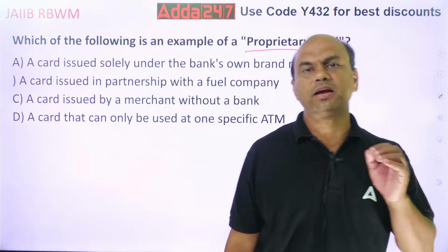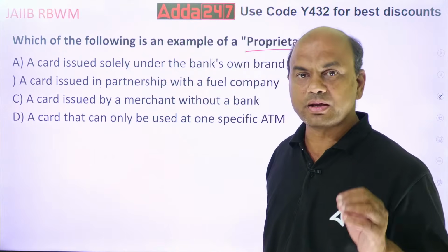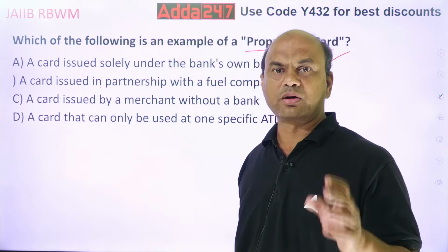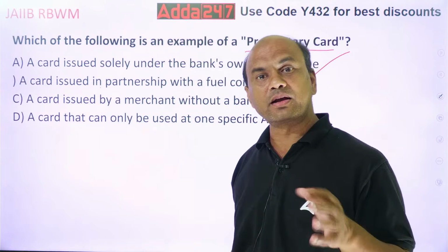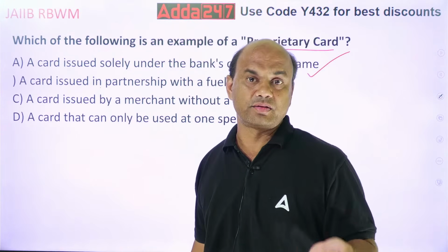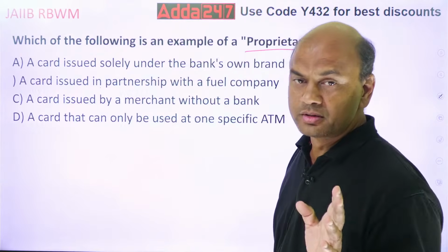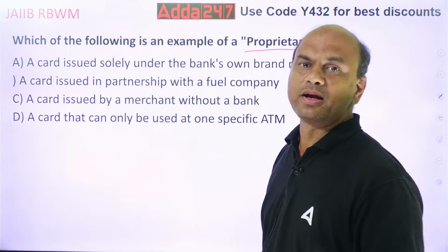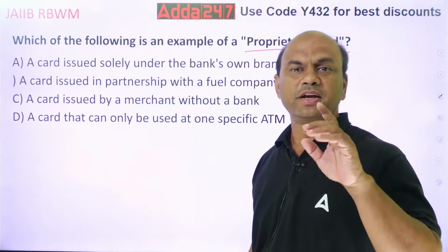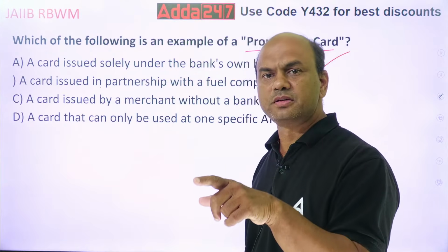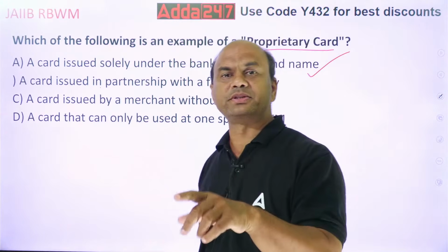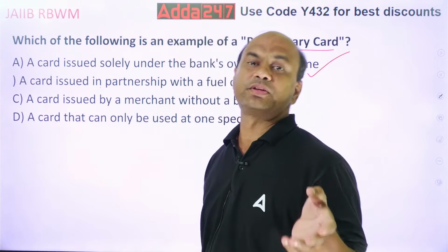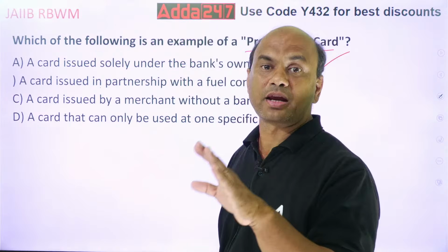SBI card, PNB card, Bank of Baroda card, Union Bank card, HDFC Bank card, single name. Second one is co-branded. Co-branded means SBI plus HPCL, Bank of Baroda plus BPCL, HDFC Bank plus PVR Inox.